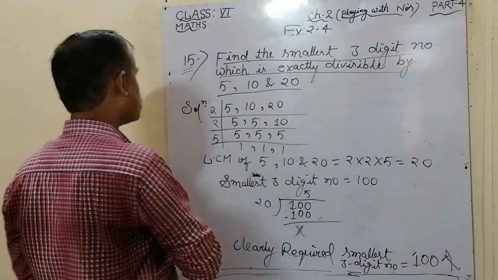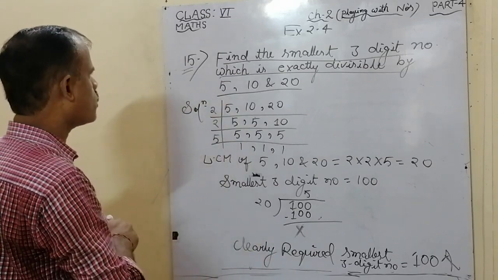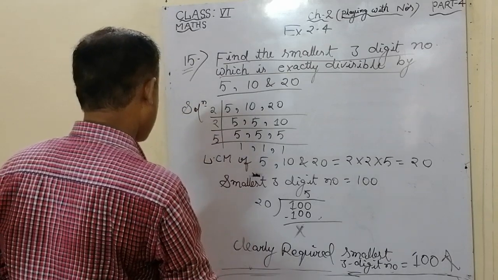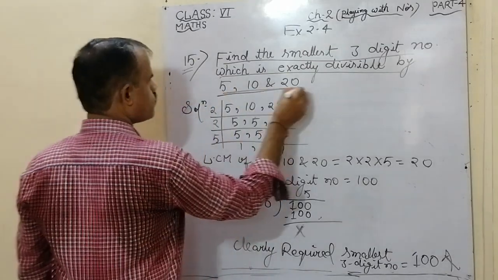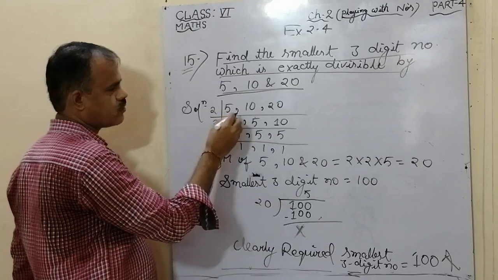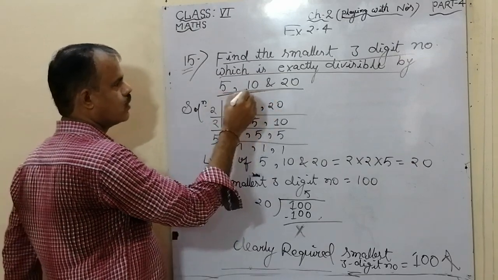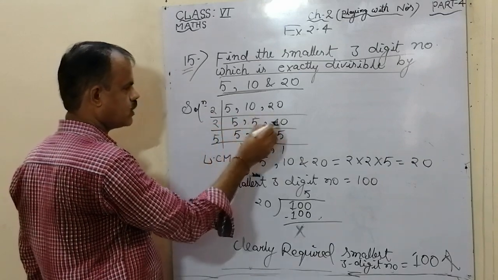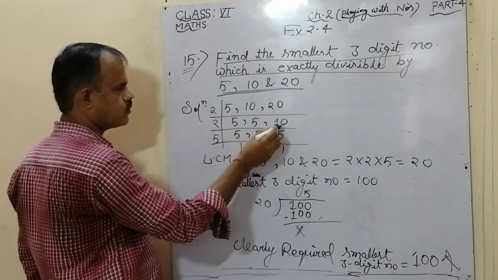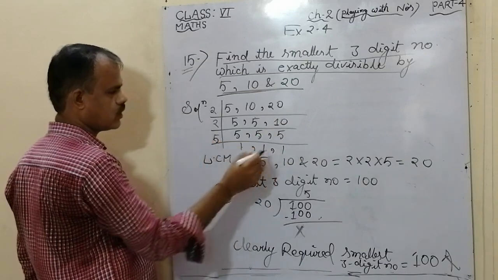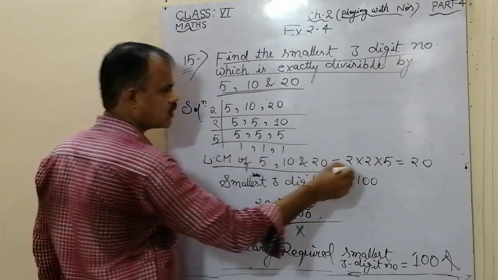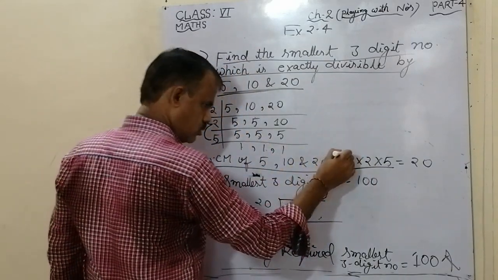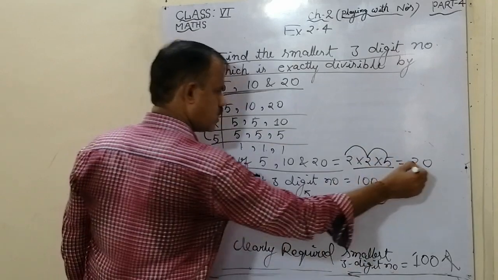To find this, firstly we have to determine the LCM of these numbers 5, 10, 20. 2, 5, 2, 5 is 10, 2, 10 is 20. 2, 5, 5, 2, 5 is 10. 5, 1, 1, 1. So the LCM of 5, 10, 20 is 2 into 2 into 5. 2 2s are 4, 4 5s are 20.